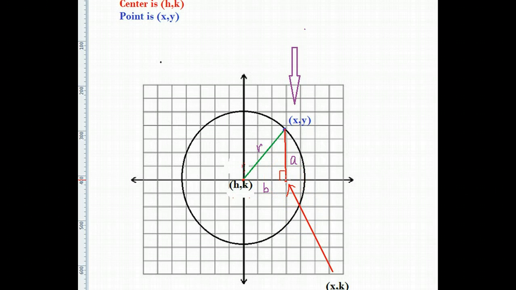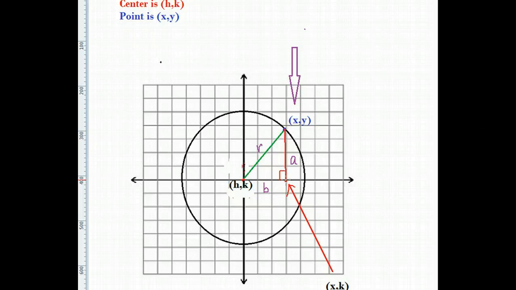The x coordinate of this point that we drew to is going to be the same x coordinate as this point, because we dropped it right down. So its distance from the center in the horizontal direction is going to be the same distance as this one, which was x. So the coordinate of this point starts with x. x is the first coordinate.